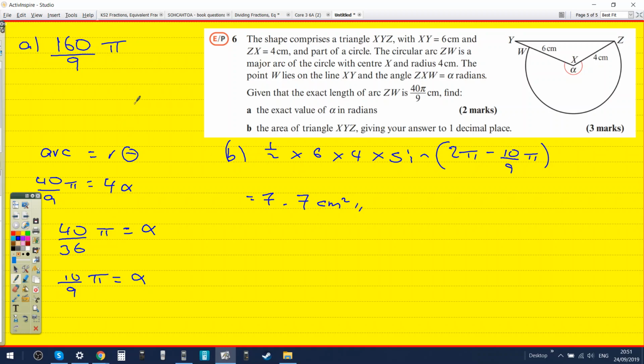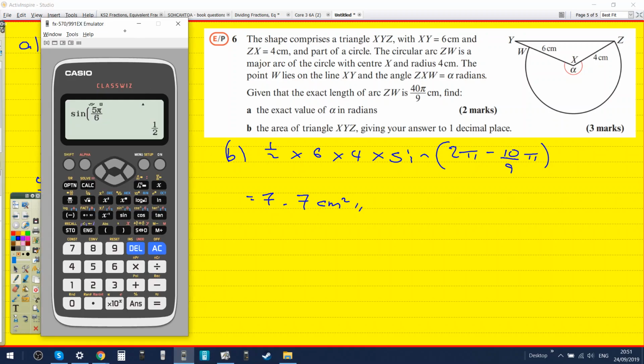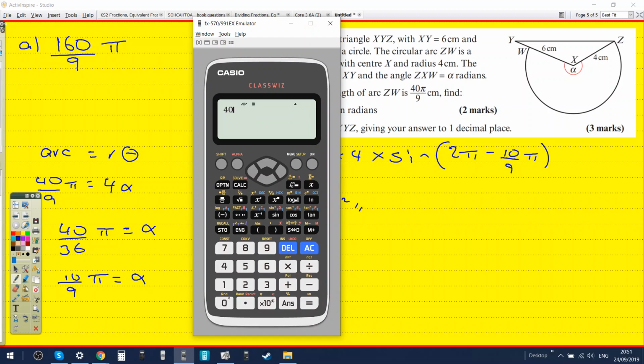And how did you get 160 over 9 pi? I did theta equals 40 pi over 9 over 4. What are you putting into your calculator, like a double fraction?